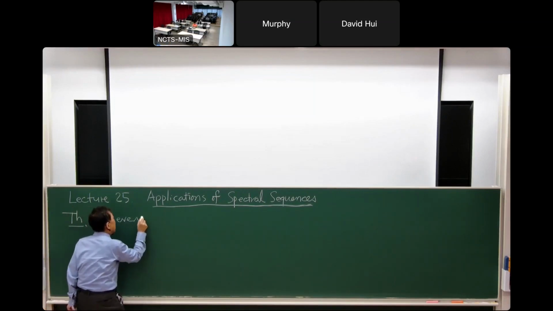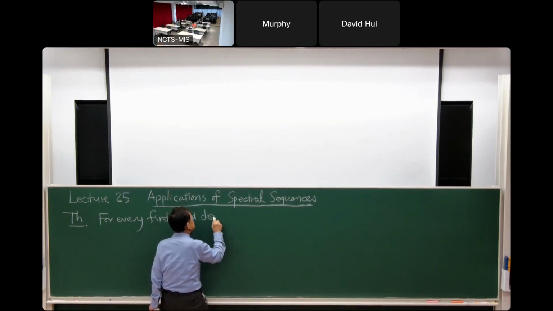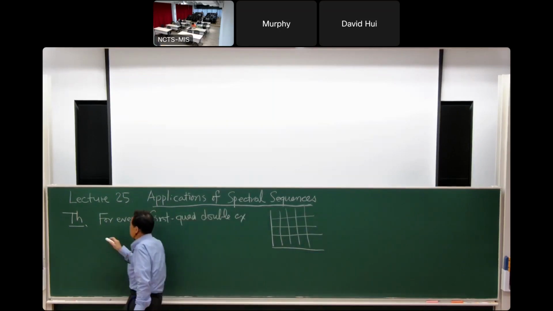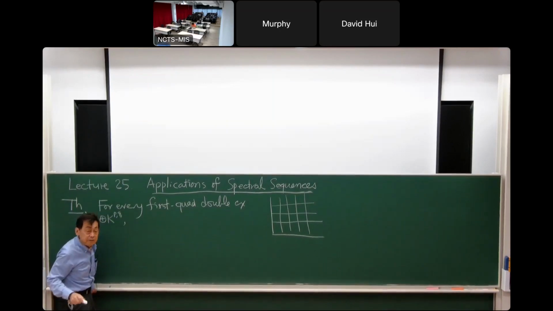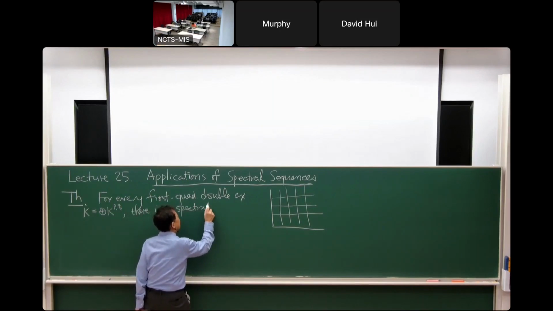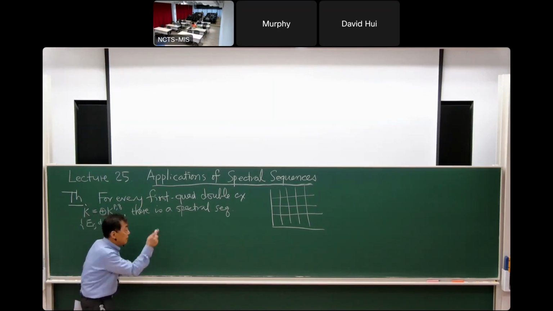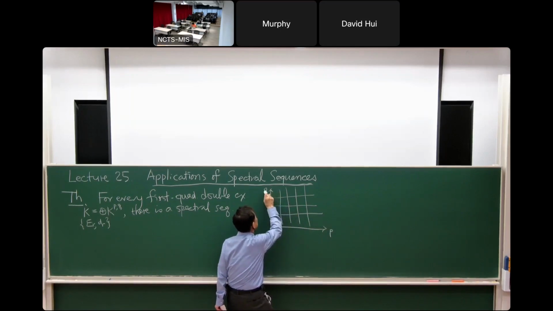So for every first quadrant double complex K, there is a spectral sequence E_r, d_r. And we have to filter this double complex, and we filter it by p.